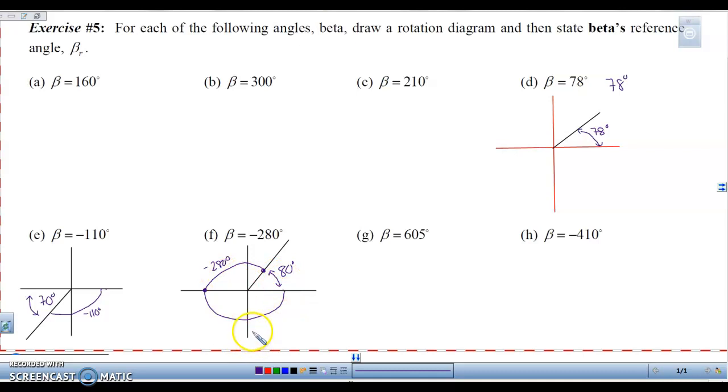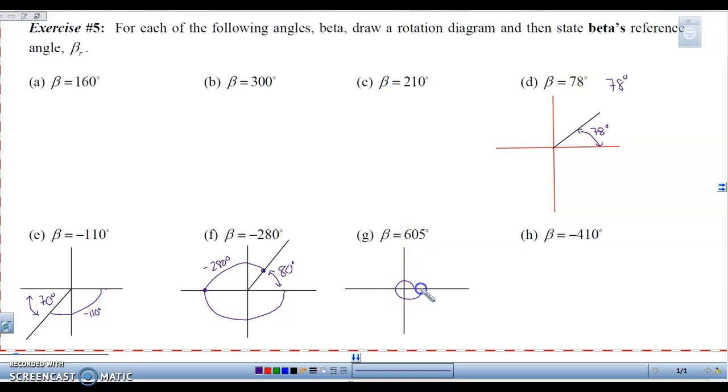Okay. What if you have an angle that is more than 360 degrees? Well, it's a circular function, so it just keeps going around. If we go around positive degrees, it's going to go counterclockwise. So one rotation would be 360.